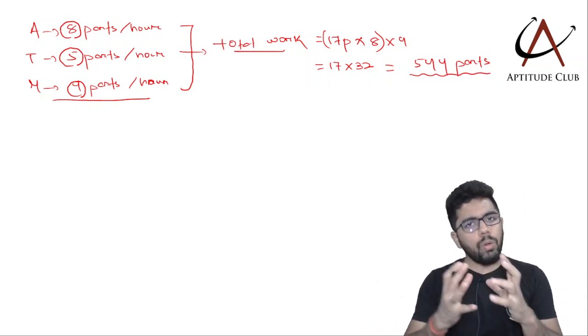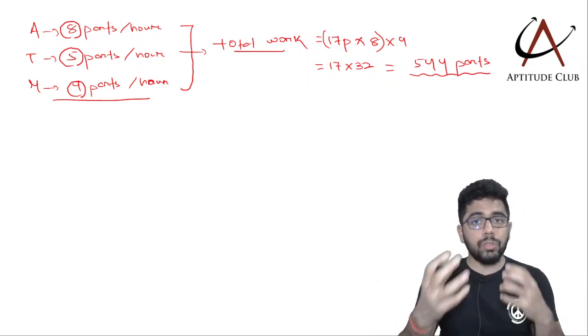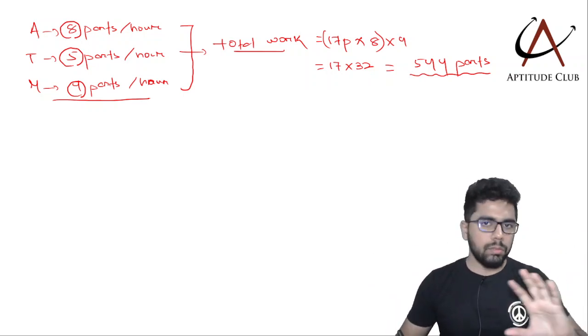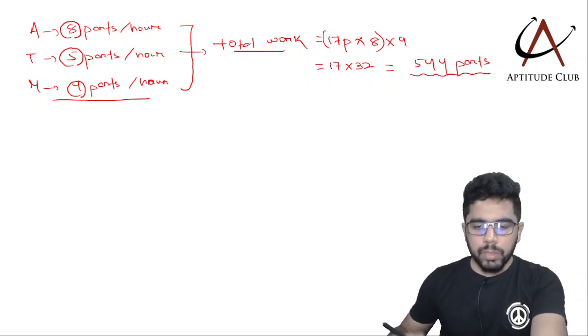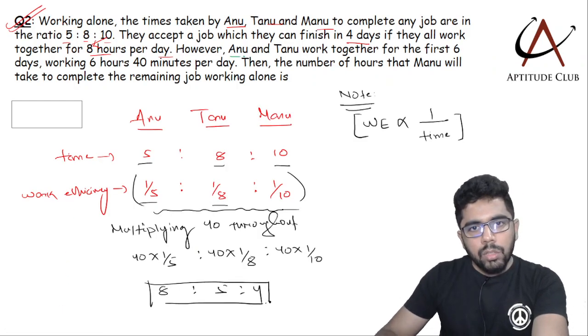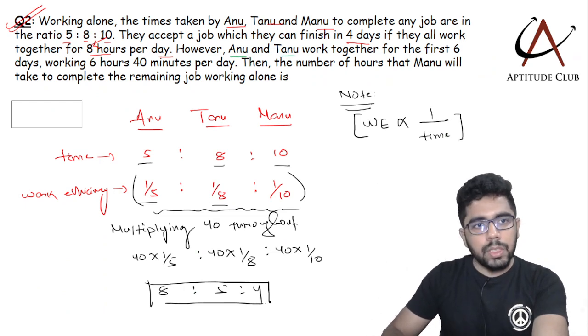Now we know what the total work is and how the individual work pans out. How much is done by what individual in how many hours, we know that exactly. Now the question will be simple to solve. Now what is the question saying? Anu and Tanu work together for the first 6 days, working 6 hours 40 minutes per day.